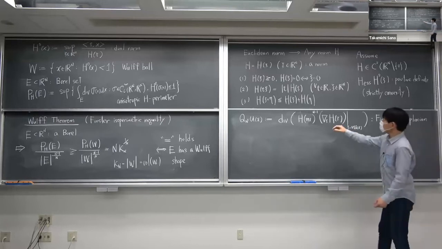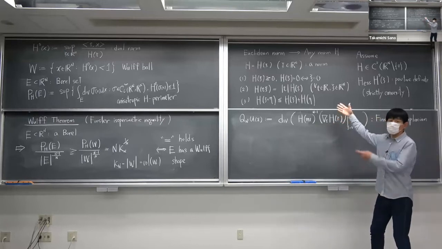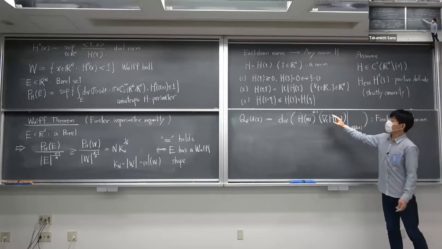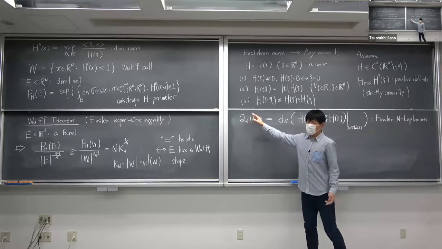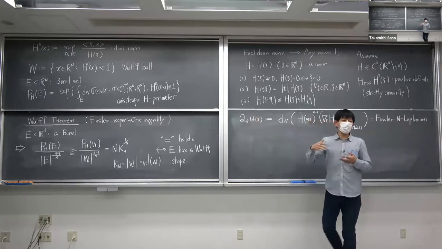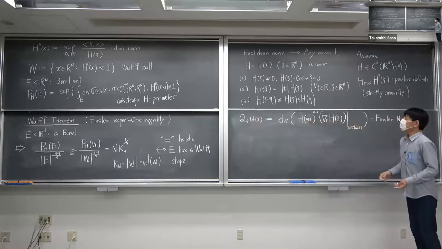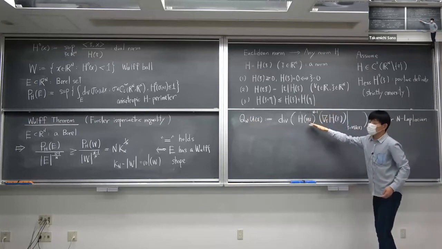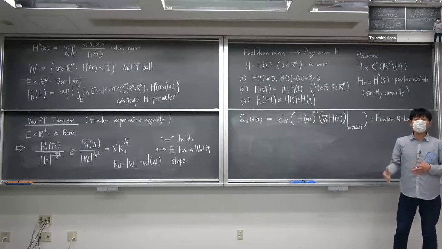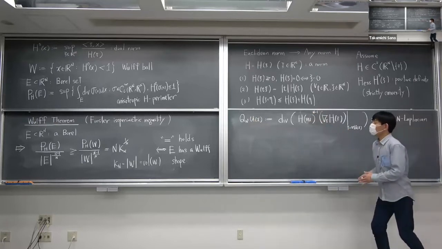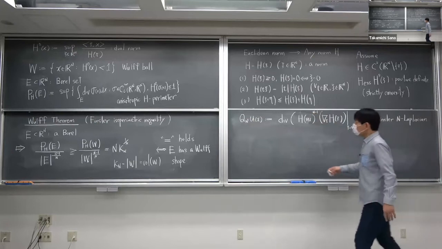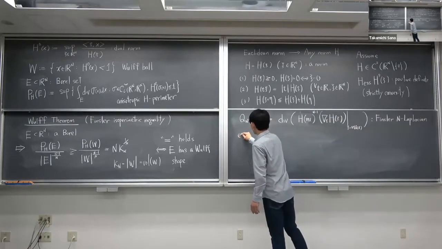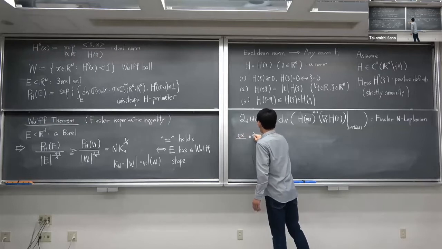If you imagine that H(ξ) is the modulus of ξ, that means H is the Euclidean norm, then this Q_N u coincides with the usual N-Laplace operator. But now we take a general norm, so this is an anisotropic differential operator. I forgot to mention an example of H(ξ).